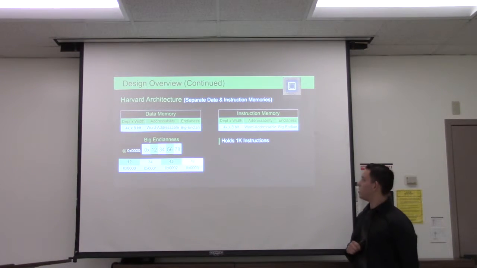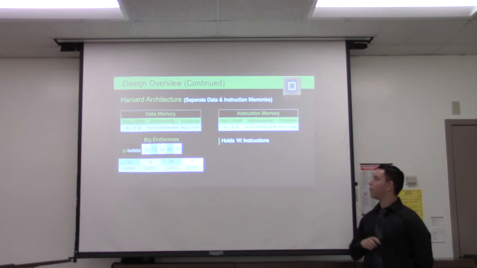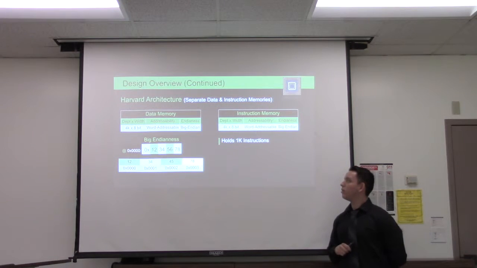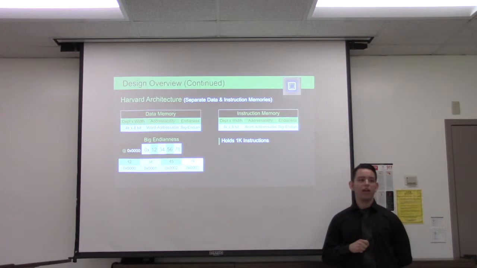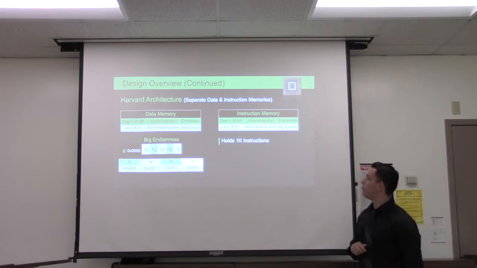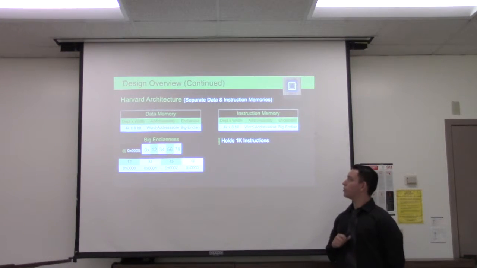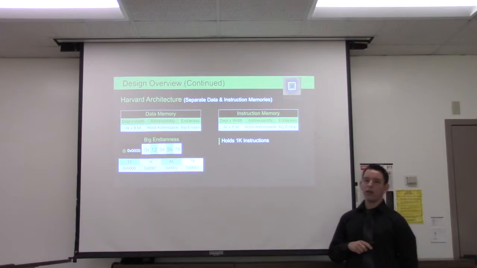architecture for the CPU. Now, our data memory and our instruction memory are instantiated using the same memory with the same controls. They are both 4K by 8 deep, which are word addressable and formatted in Big Endian.